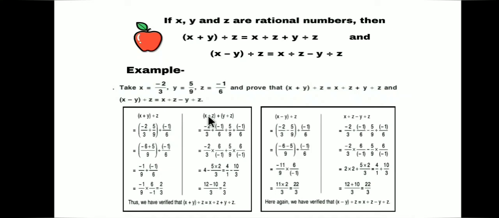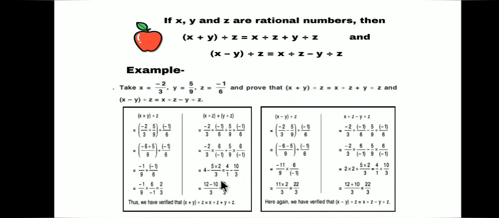Now on the RHS we have x divided by z plus y divided by z. We will solve it further. We will replace the value of each variable. Minus 2 upon 3 divided by minus 1 upon 6 plus 5 upon 9 divided by minus 1 upon 6. After performing the division, the answer which we get is 4 minus 5 into 2 upon 3, which is equal to 4 minus 10 upon 3.